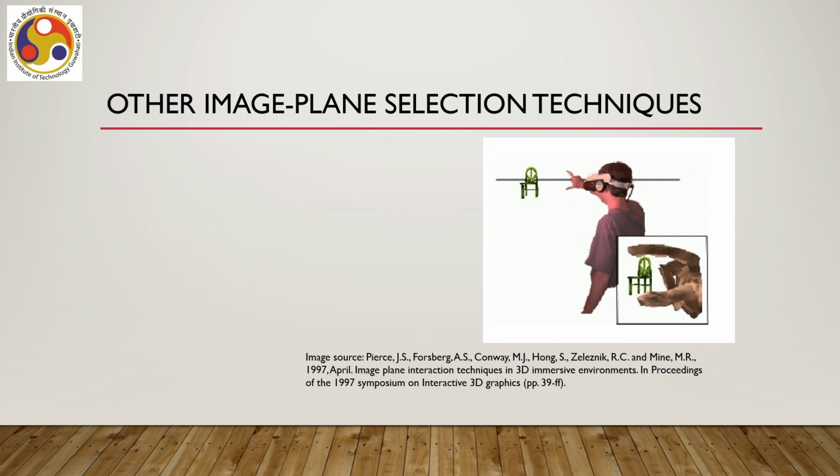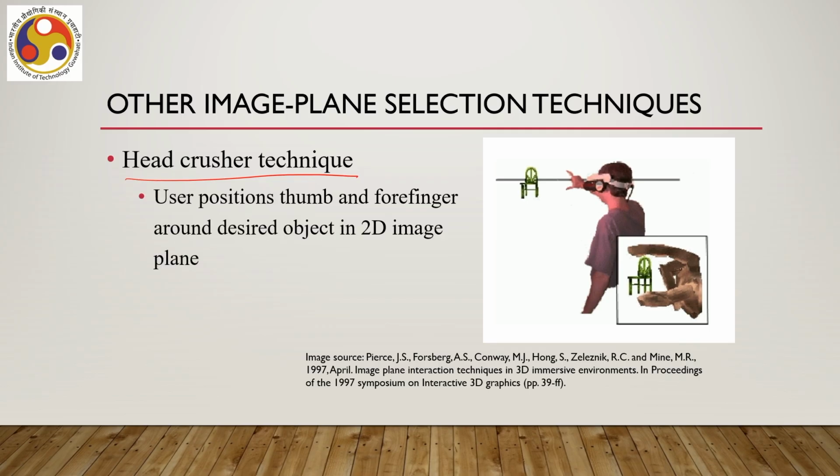So, there are several such techniques. One is the head crusher technique as shown here. The user positions the thumb and the forefinger in a way around the desired object such that the object is enclosed using the thumb and forefinger as shown here.